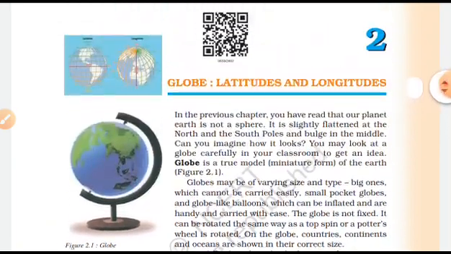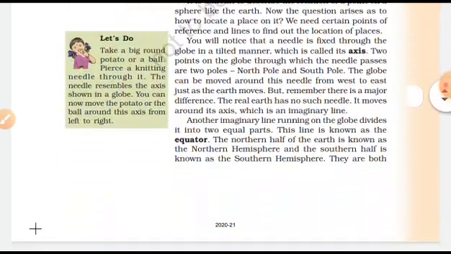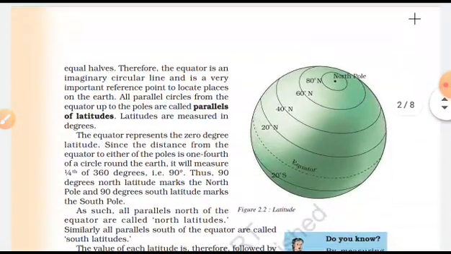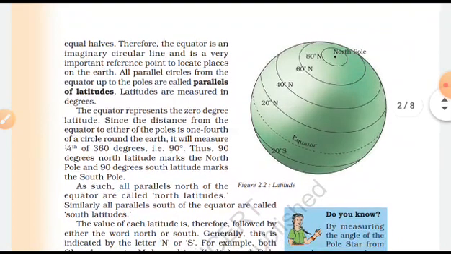So guys, particularly there are three types of lines which you can find. The equator comes at the center of the poles, and there is a North Pole and there is a South Pole.